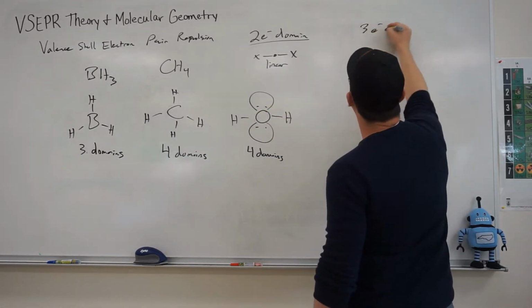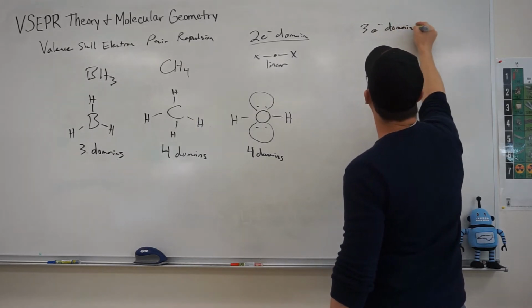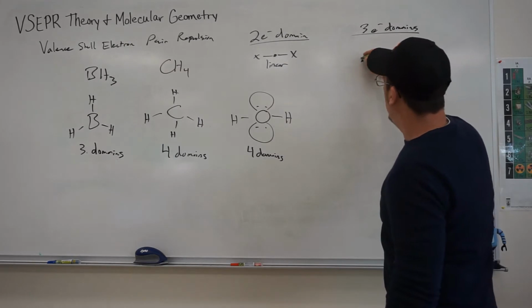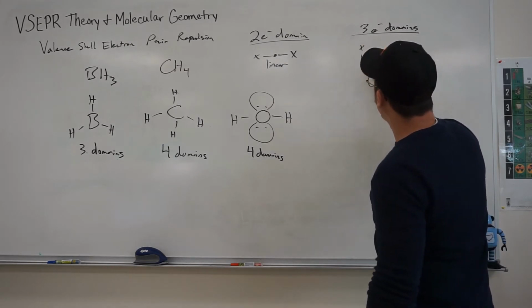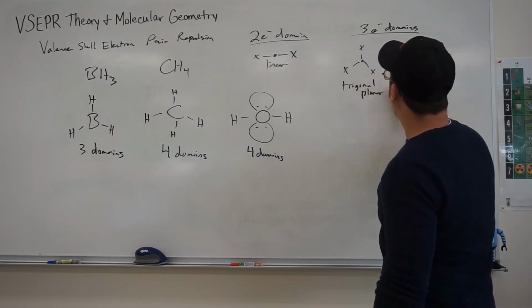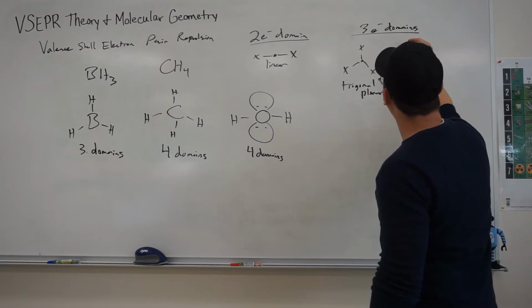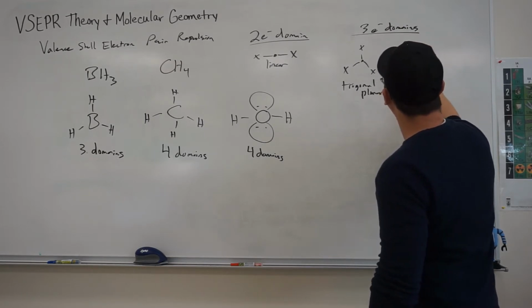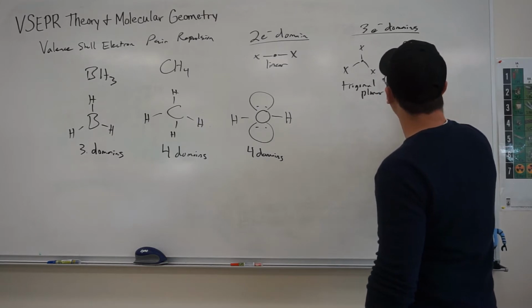All right. When you have 3 domains, you have 2 different types of geometries that can be in play. You can have trigonal planar, or you can have bent as the other one.